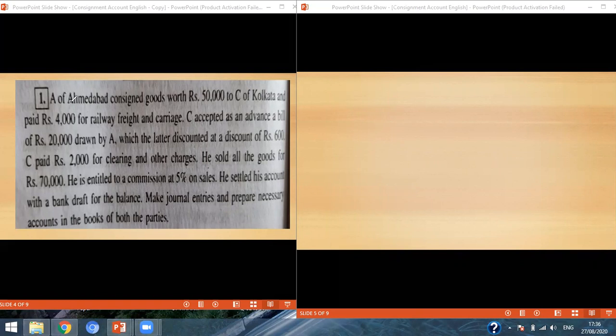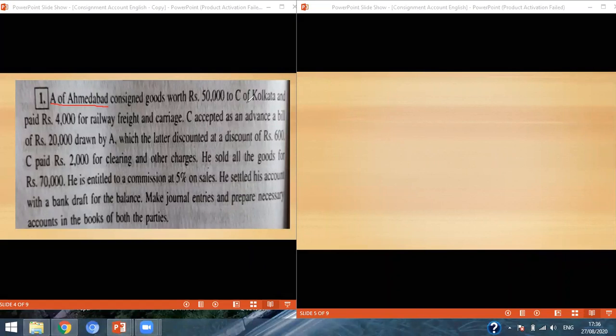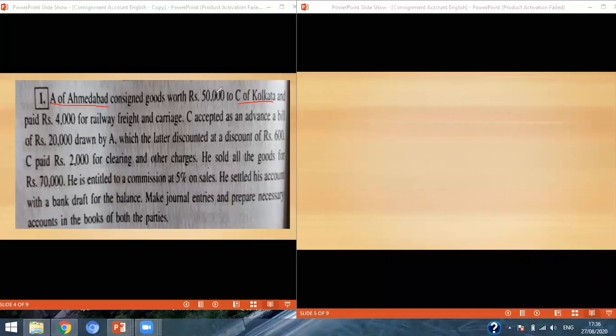Here it is mentioned that A of Ahmedabad consigned the goods worth rupees 50,000 to C of Kolkata. So we have to understand from this that A of Ahmedabad is consignor and C of Kolkata is consignee. We have to understand who is consignor and who is consignee.